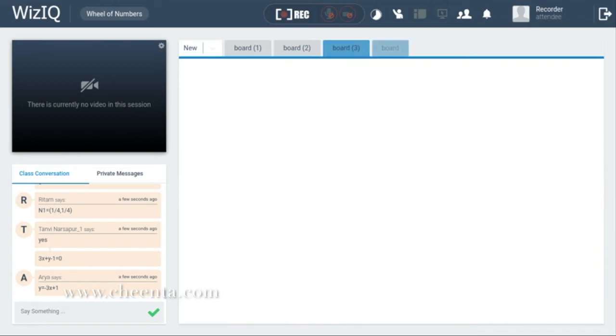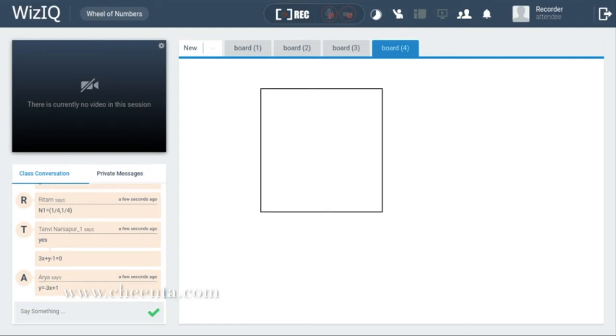Now let me just quickly redraw the picture and see what's going on here. So we have this (0, 0), (1, 0), (0, 1), (1, 1).